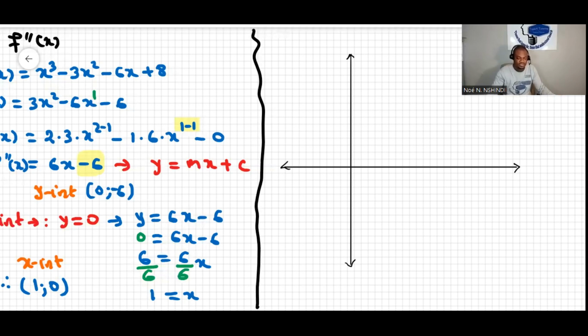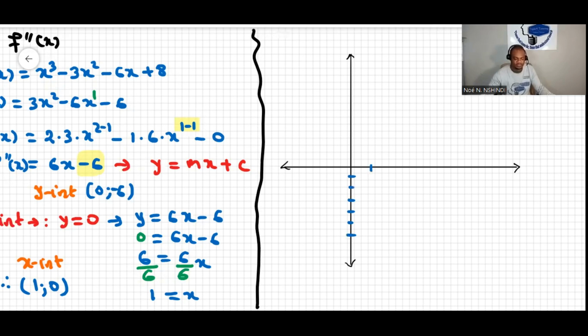We have the point (0, -6), so I look here: -1, -2, -3, -4, -5, and -6. Let's say it's my point there, and then we have also the point (1, 0).